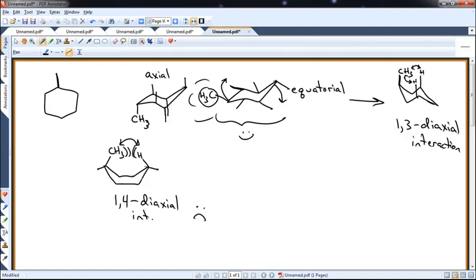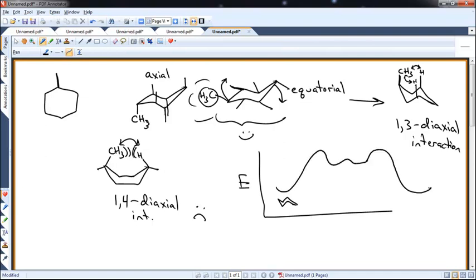All right, so the boat conformation is even higher in energy than the chair conformation, and we can play the same game we can with the Newman projections, and we can graph energy as a function of shape. If we start out with one chair, and we do the other chair, so in the process of a chair flip, we end up with the lowest possible energy.